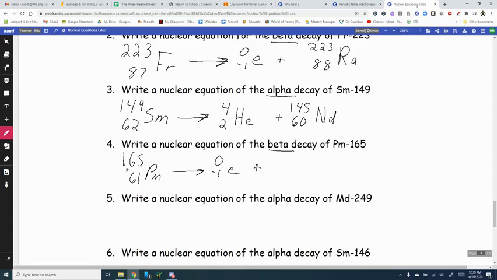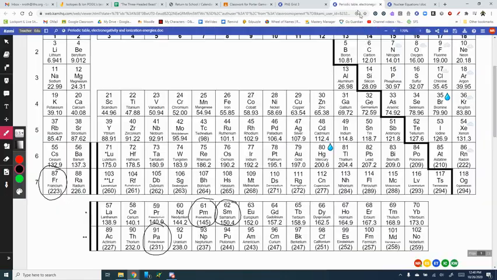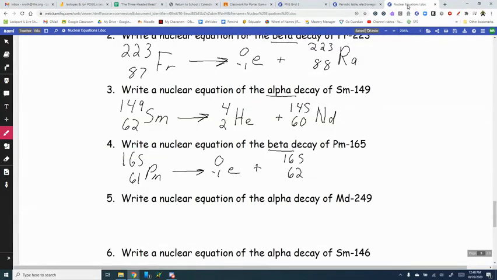And what's left? 165 minus 0 is 165. 61 minus -1 is 62. And that is, oh, samarium, Sm. Look at that. And there it is. That is how you do the two different types of nuclear equations.